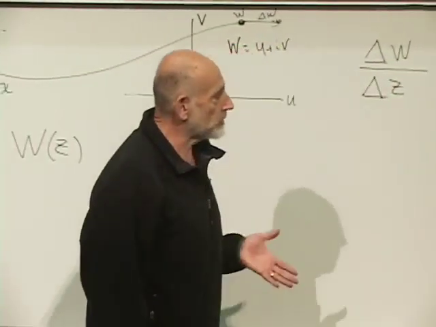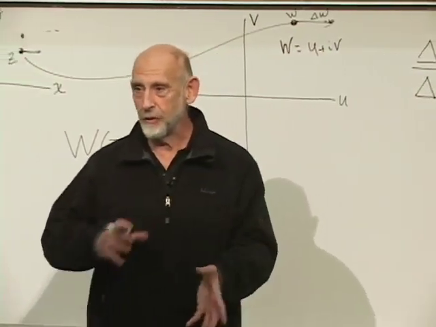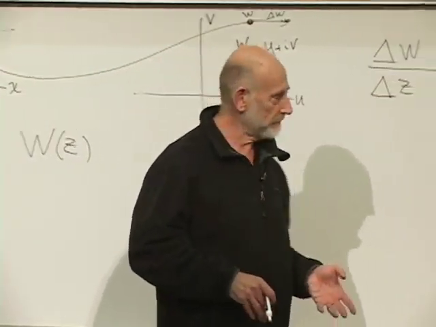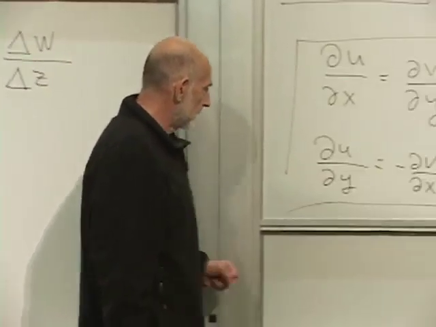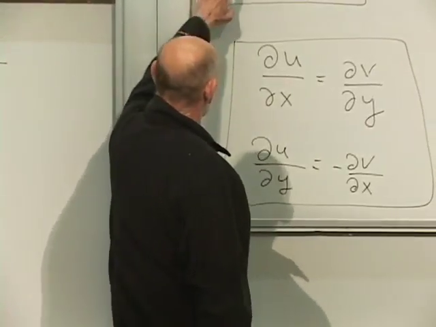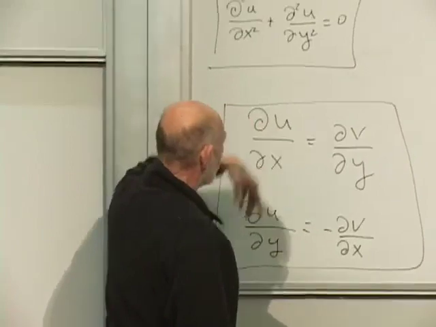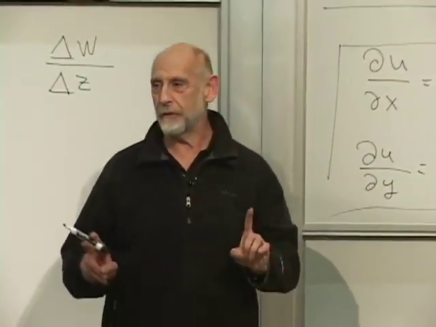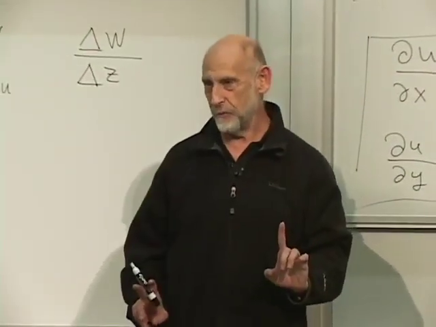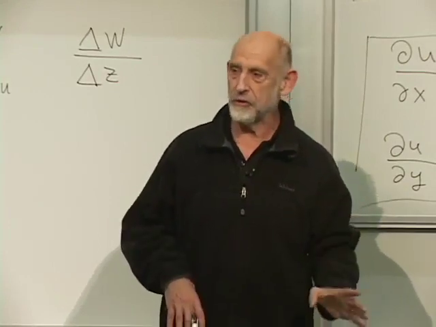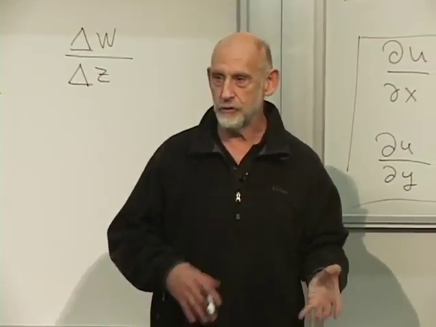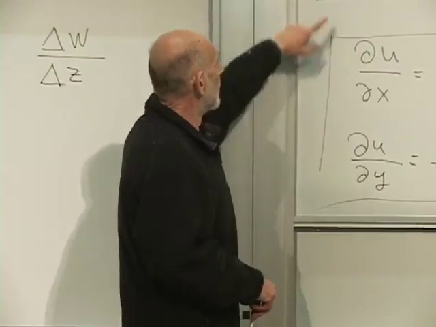One of them is curl and the other is divergence, depending on which way you define the components. If you think of u and v as components of a vector, actually you have to think of u and minus v as the components of a vector, then what it says is that the curl and the divergence of the vector vanish.